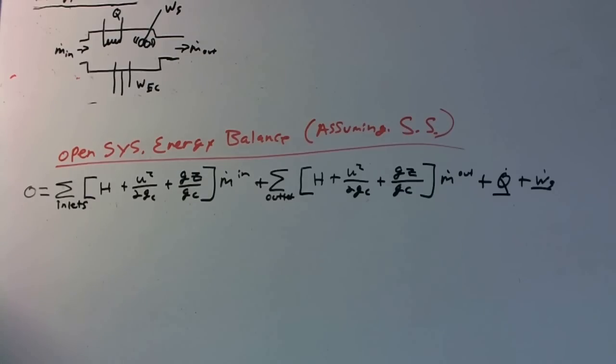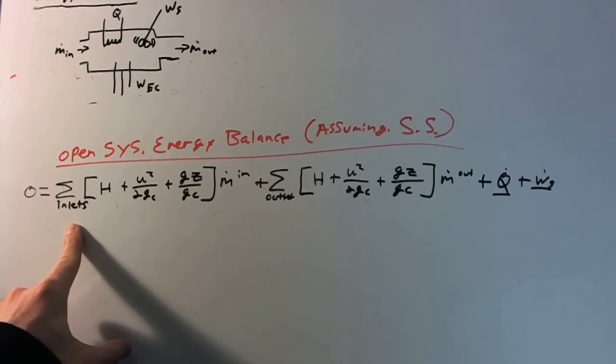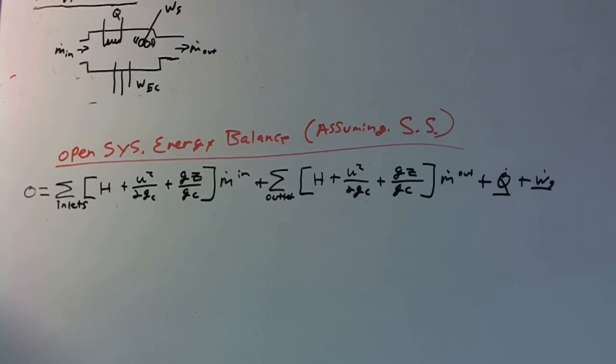So what happens if we have unsteady state? Basically, the right-hand side stays the same, but the left-hand side is no longer 0. So what's the left-hand side?